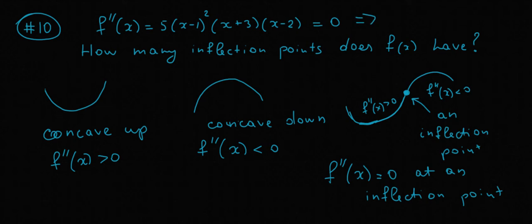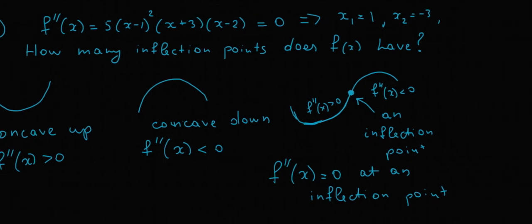Since the derivative here is factored out, it's very easy to determine the solutions. You just set each of the factors equal to 0 and solve for x, and that gives us our critical points, points where the second derivative equals 0. The first of these points is x equals 1, then we have x equals -3, and then we have x equals 2.